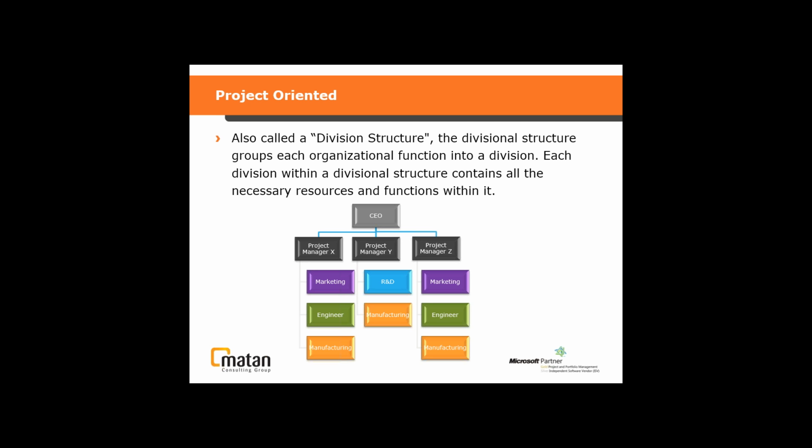When we talk about a project-oriented organization, we're talking about an organization that is at the other extreme. They take people and group them by project, meaning if I'm working on a new tool or a certain product, I have finance people, purchasing people, all kinds of people, but they're only working on my team. They're only working on my project, okay?